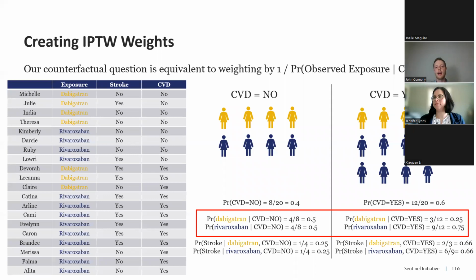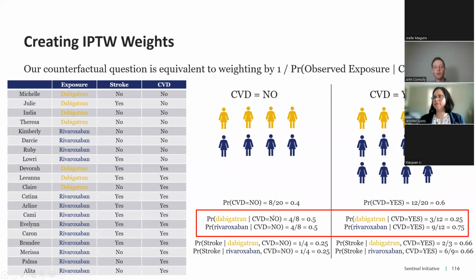And it turns out that there's obviously a shorter, more efficient way to do IPTW, where you can get straight to the pseudo population without doing the illustrative process we've just gone through. And that is to recognize that asking our counterfactual question is equivalent to weighting each patient by 1 over the probability of their observed exposure, conditional on the confounders you want to adjust for. For us, that's just cardiovascular disease.